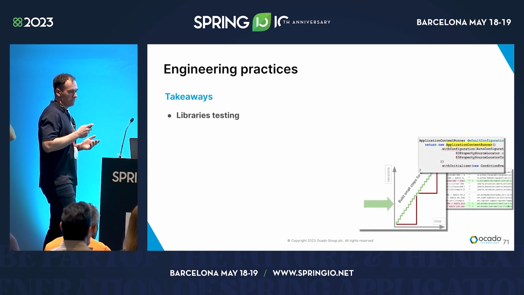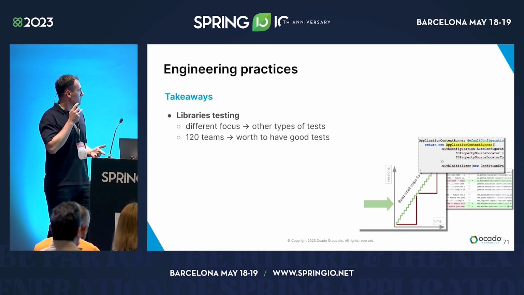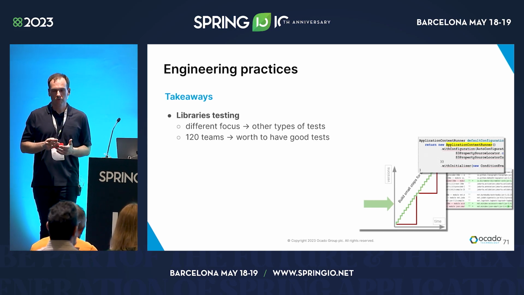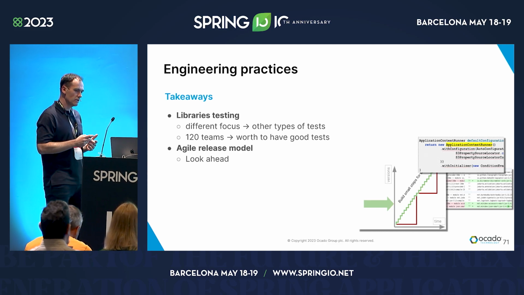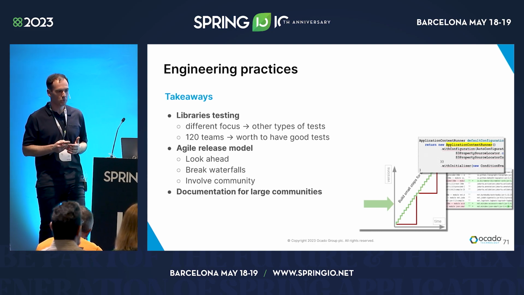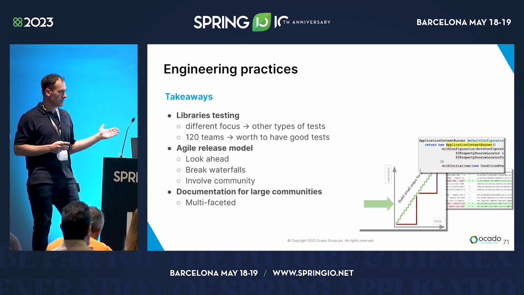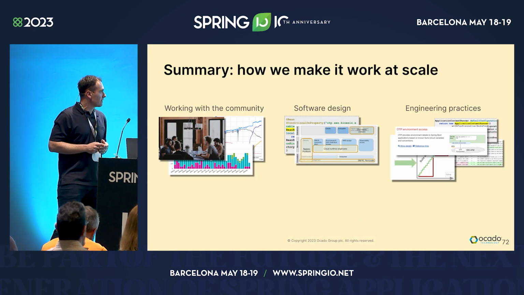Right, takeaways. Libraries testing, different focus, different tools. Worth having good tests if you have 120 teams. Agile release model, looking ahead, breaking waterfalls, involving the community. And documentation for large communities is multifaceted, living, and automated.